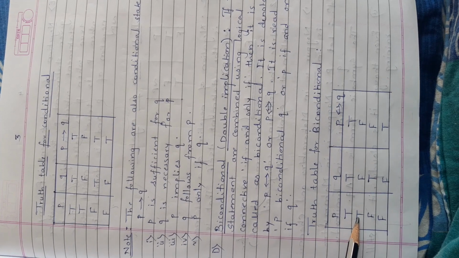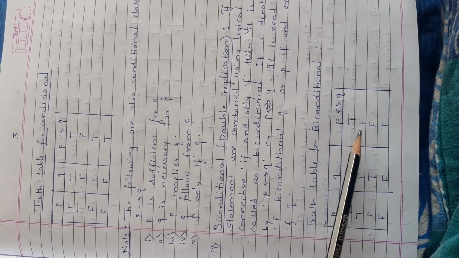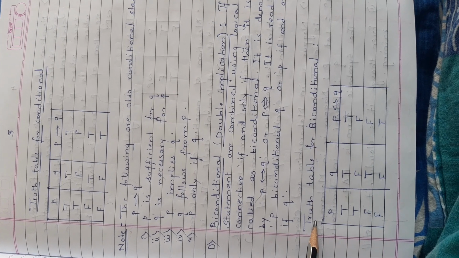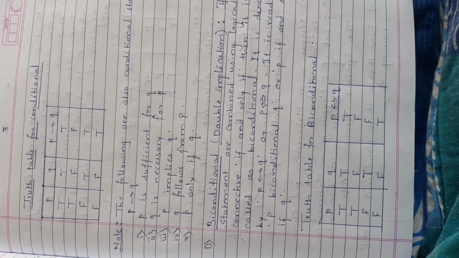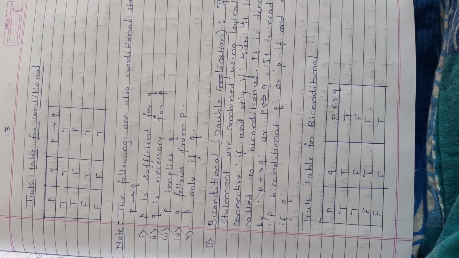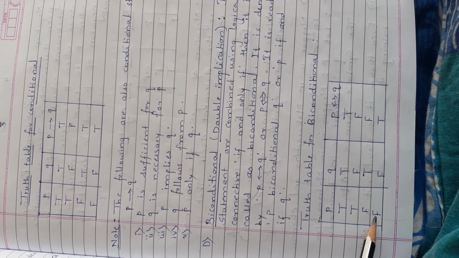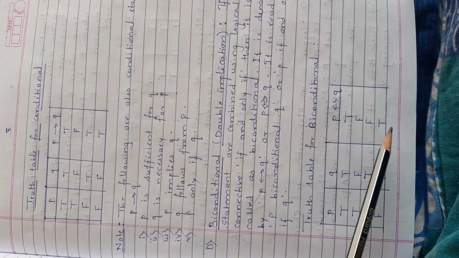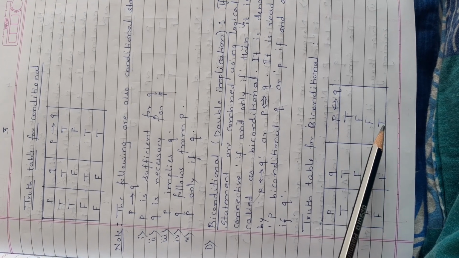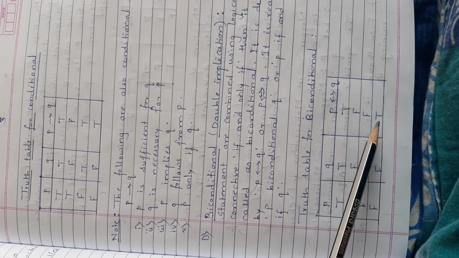If P is true and Q is F, then P biconditional Q is F. If P is F and Q is T, then P biconditional Q is F. If P is F and Q is F, then P biconditional Q is T. So what is the pattern? T F F T.